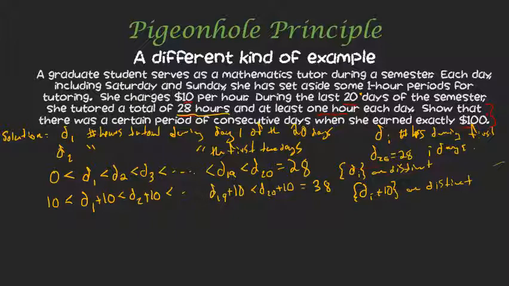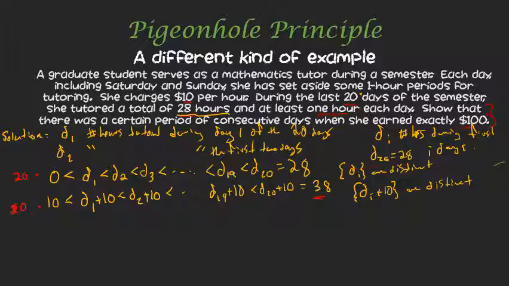So, okay, we have 20 total numbers here. My D sub i's, there's 20 of them, and there's 20 different numbers, D sub i plus 10. In each set, they are different from each other. So the D sub i plus 10s are all different from each other, and the D sub i's themselves are all different from each other. So I have a total of 40 numbers, but the highest number they can all be is 38.